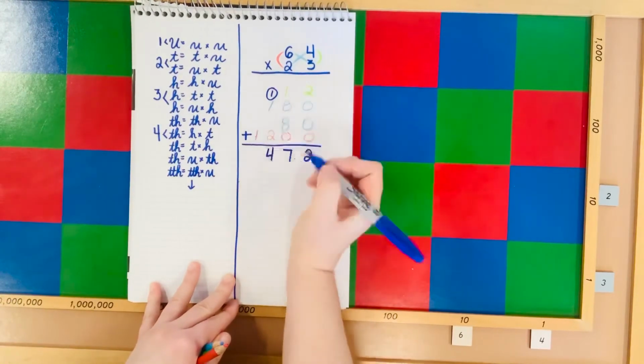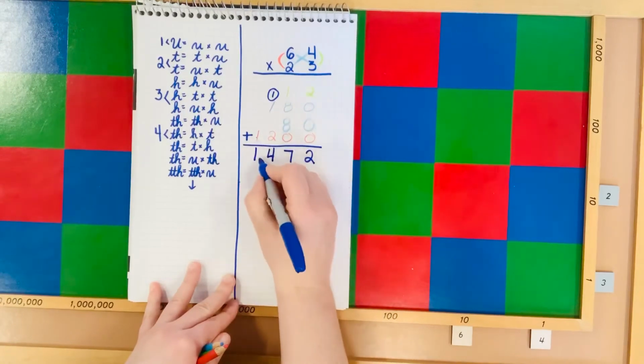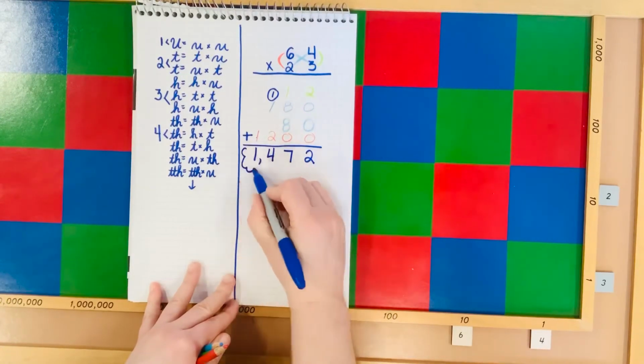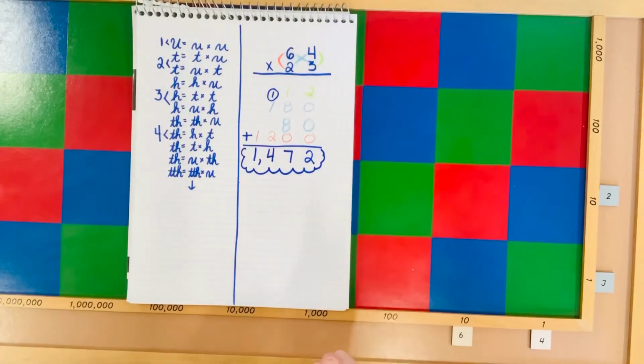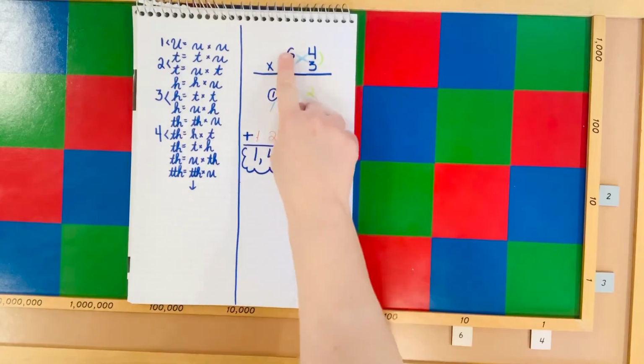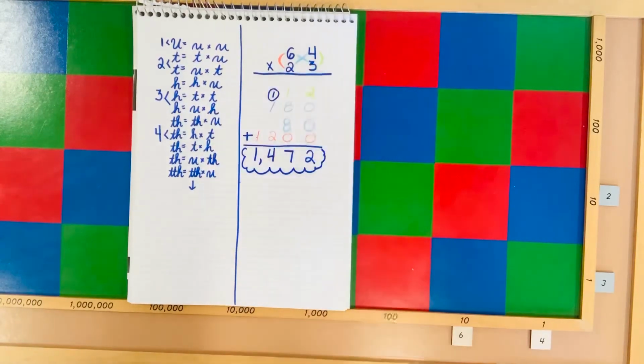And 1 plus 0 is 1. So my answer is 1,472. We can say 64 times 23 is 1,472.